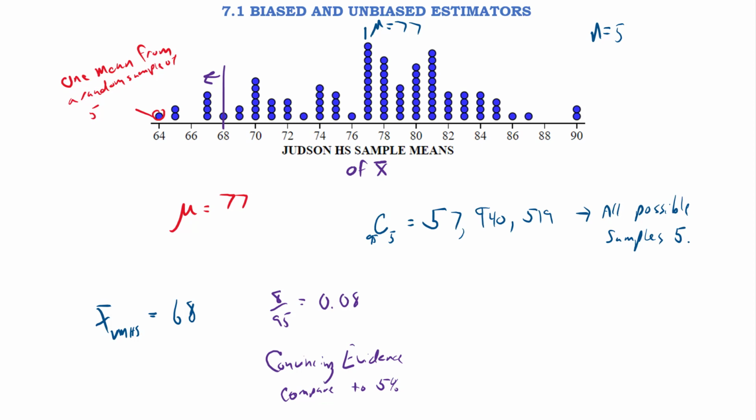But since we're looking at 8%, I'm going to say there is not convincing evidence, since there's an 8% chance of getting 68 or less purely by chance.